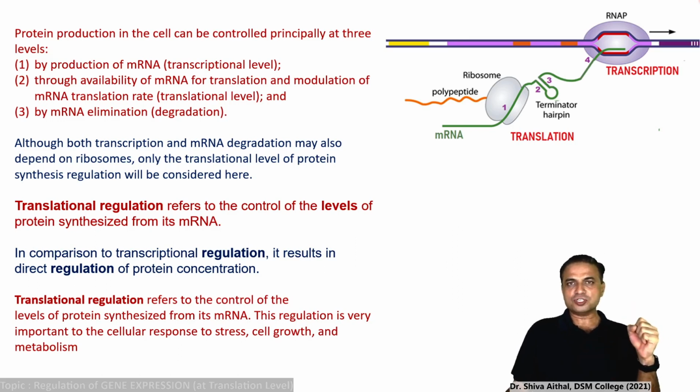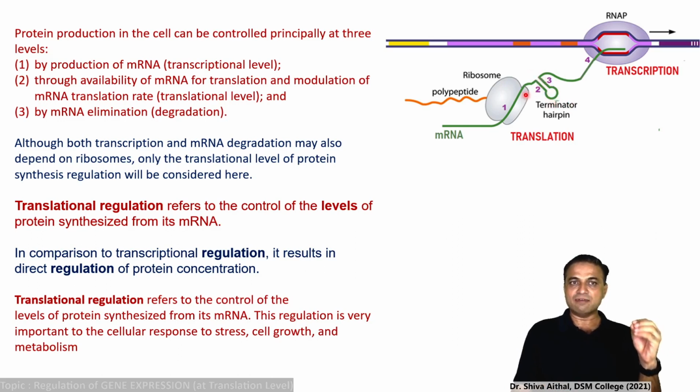So protein production in the cell can be principally controlled at three different levels. We have seen that. That is at the level of transcription in my last lecture, through the availability of mRNA for translation, and then making changes in the mRNA or modifying the mRNA by using some terminator sequences or repressor, as we saw.